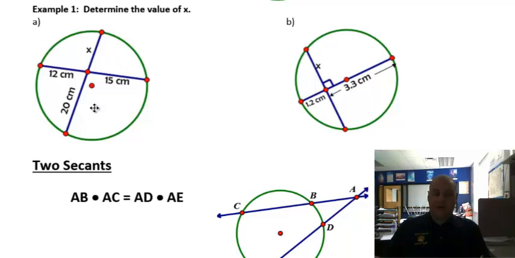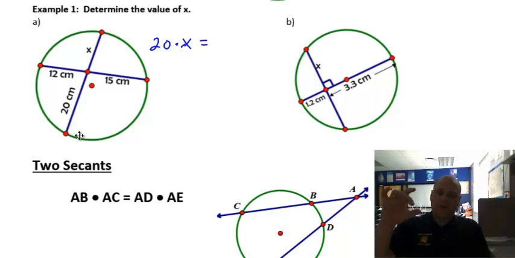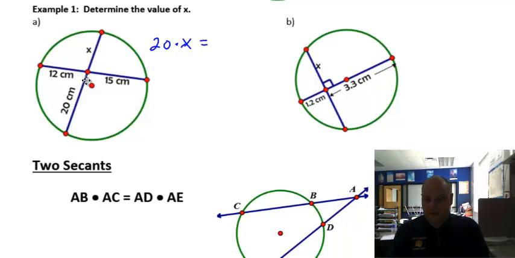So here's an example. I have 20 and I have X. 20 and X make up the one chord. So it's going to be 20 times X equals. You see, you don't even need the letters. You don't need A, B, C, D, and all that. It's just this piece here times this piece equals this piece times this piece.